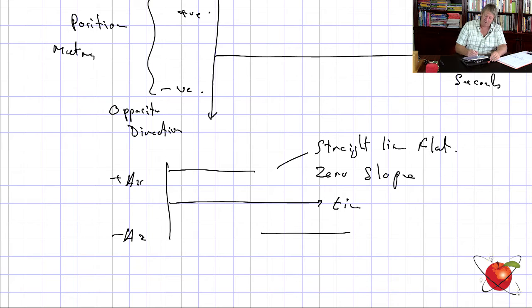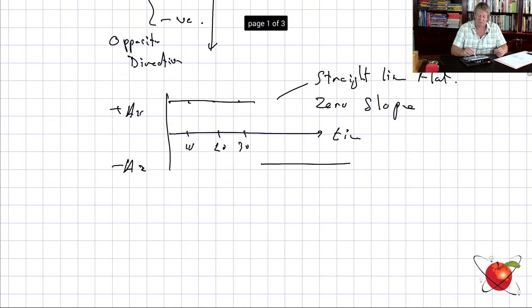My position, let's say this is after 10, 20, 30 seconds, I am still in the same place. The key to these graphs is to ask what is happening. I know a lot of people struggle with it, but the actual way is to say what happens. At 10 seconds, where am I? I'm there. At 20 seconds, I am still there. At 30 seconds, I am still there.